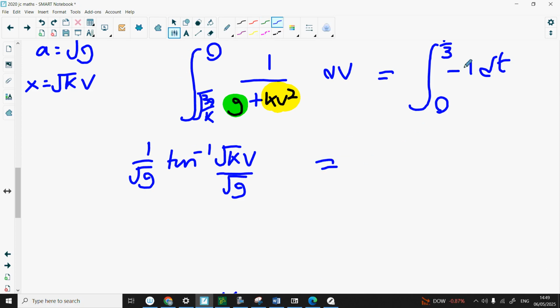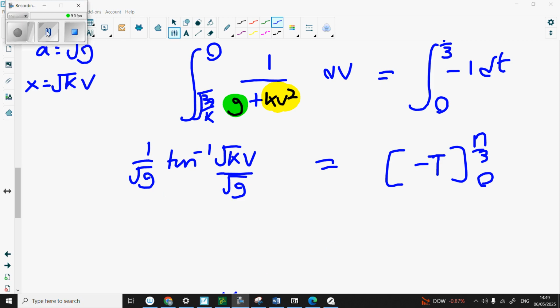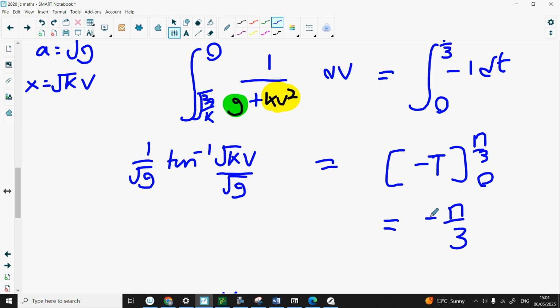Okay, what about the other side, guys? Minus t from 5/3 to 0. All right. Suppose as you do this, you're going to get minus pi/3.